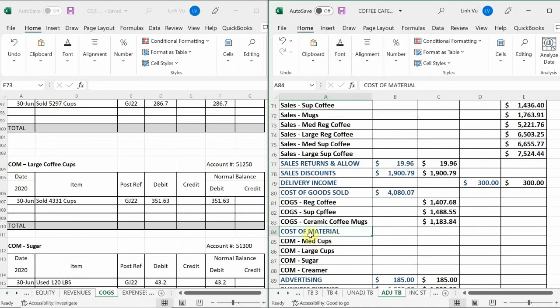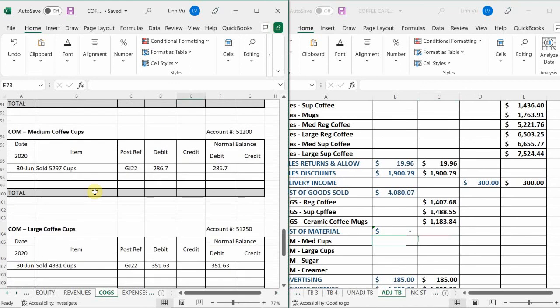There you go, cost of materials, which is going to include my medium, large, sugar, and creamer accounts. So in this case, right, my medium cups was a total of $286.70.